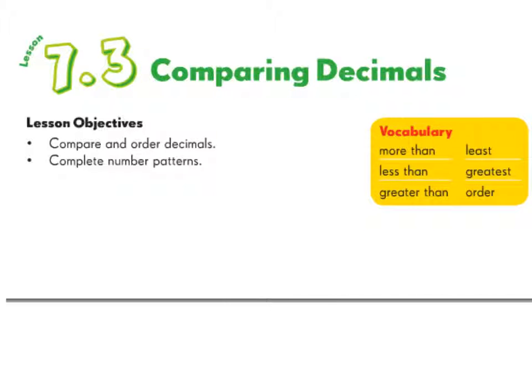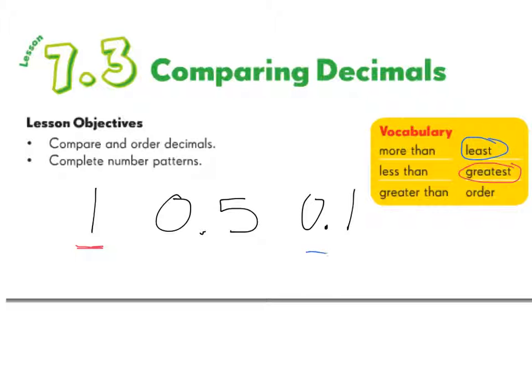If we have some numbers like 1 and 0.5 and 0.1, we know when we're looking for the greatest number, it's 1. And we're looking for the least number, it's 0.1. So therefore, this list of 1, 0.5 or 5/10 and 1/10 is in the order greatest to least.